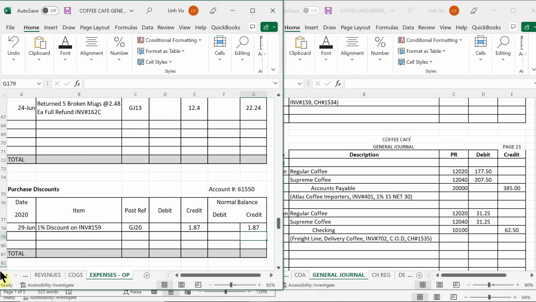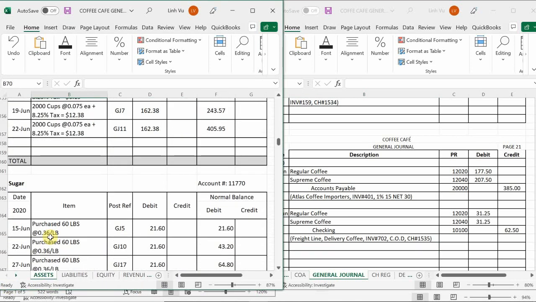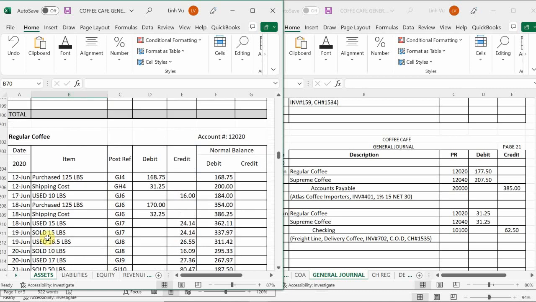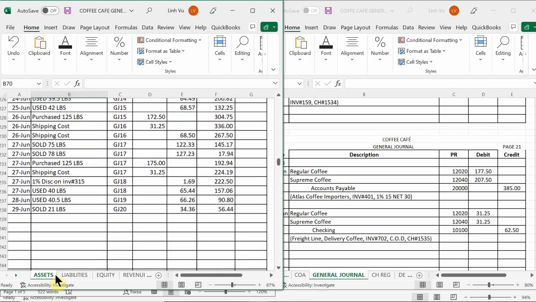Okay, starting with our inventory. Regular coffee first. So here's my regular coffee. Okay, we have 29. We got shipment of 125 pounds, and then we got the shipping cost, right? We're now on General Journal, page 21.